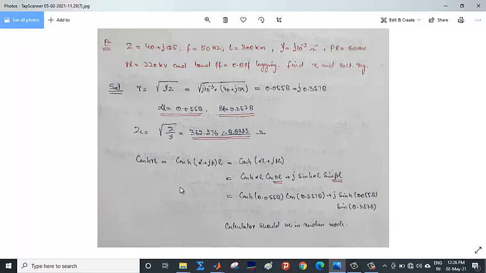Now, for a long transmission line, we know that A is equal to cosh gamma L, which is equal to D, and B is equal to ZC sinh gamma L, and C is equal to sinh gamma L divided by ZC. So we need to first calculate cosh gamma L and sinh gamma L. Cosh gamma L will be equal to cosh of alpha plus j beta into L, which is equal to cosh of alpha L plus j beta L.